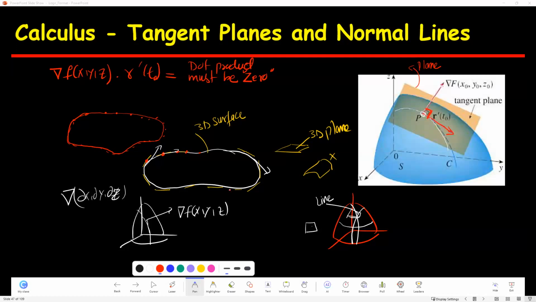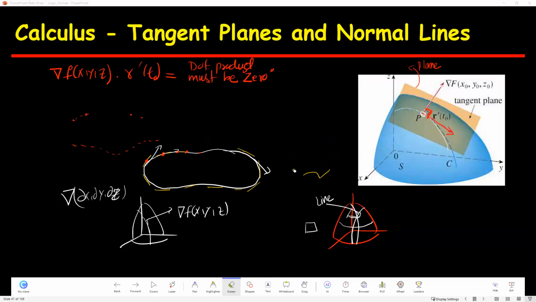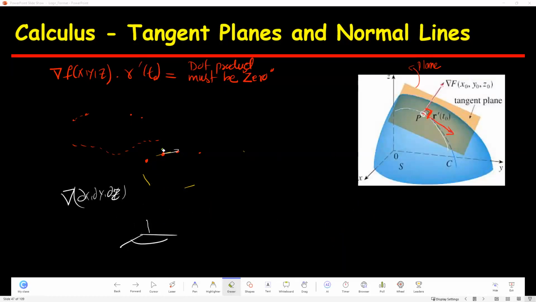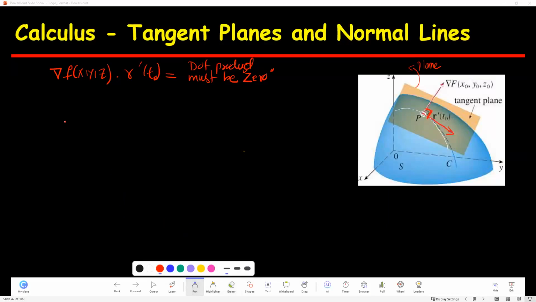So I'm writing the theorem. Okay, I'm going to write a theorem of the same thing. And let's see how this theorem is going to look for this particular topic. I just want to keep this image here so we can see it while we're writing the tangent plane and normal plane theorem.